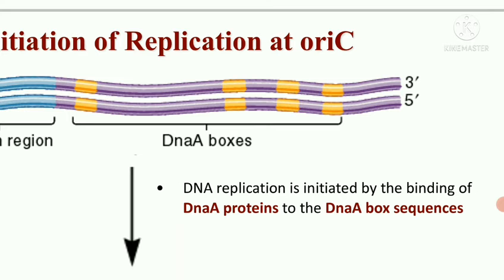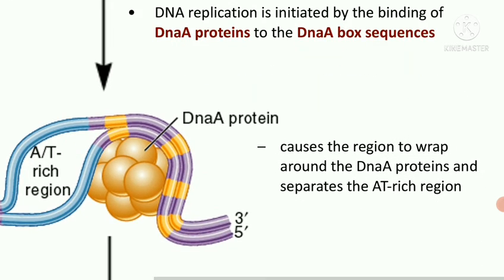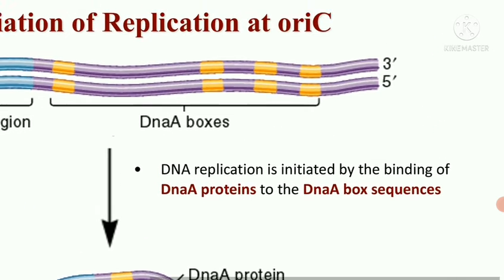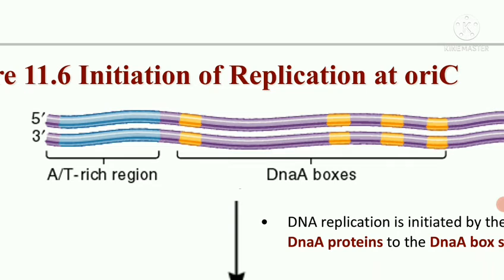When this DnaA protein binds this box, it creates a topological stress. That topological stress would affect this AT rich region and cause unwinding, or breakage of the hydrogen bonds, in the AT rich region.